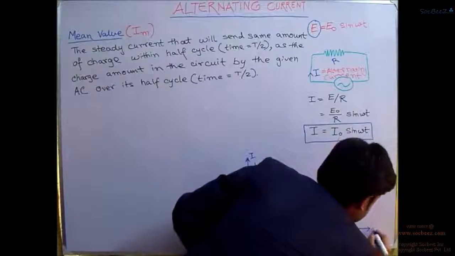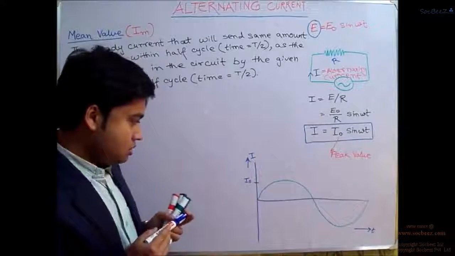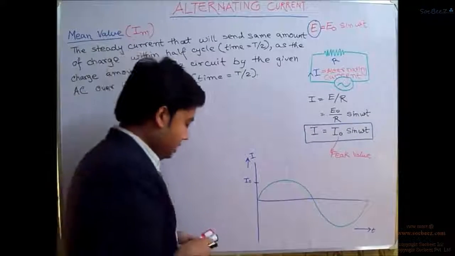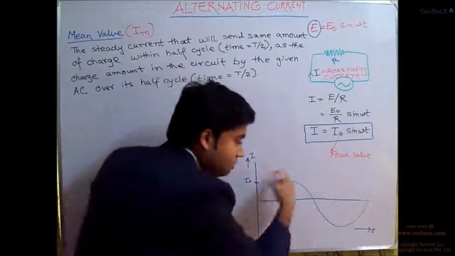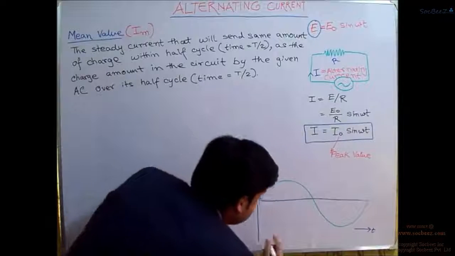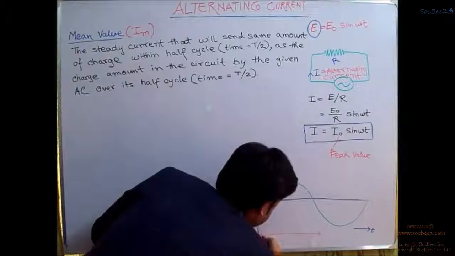This is where we measure the time. So this will be one half cycle, then this will be another half cycle. So over here, this part is a half cycle.